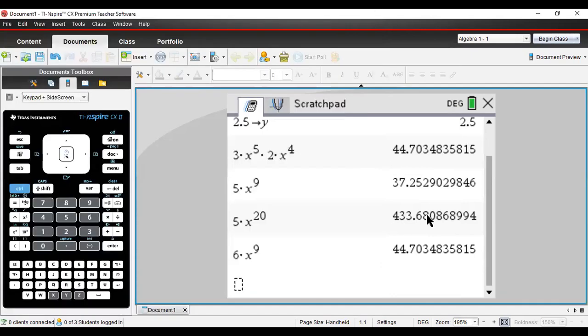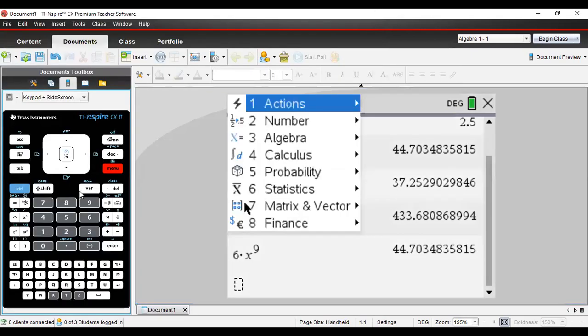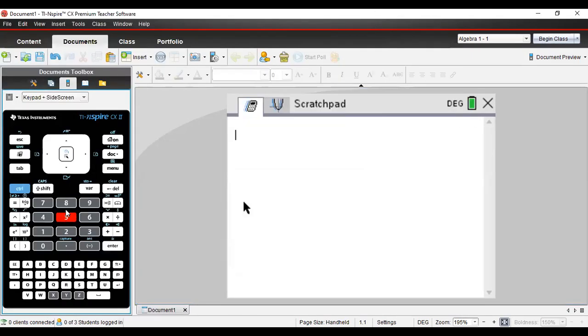I'm going to keep the same number that I used before. Let me do menu 15, clear this out a little bit. So what I'm going to do is I'm just going to type in 2x squared plus 8x minus 10. Press enter, and I get 3 and about 13 cents.